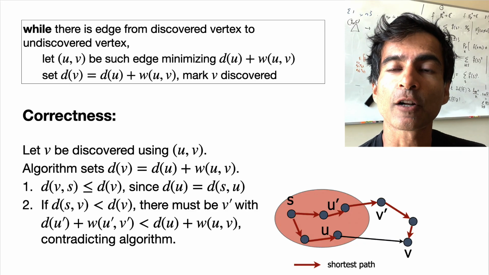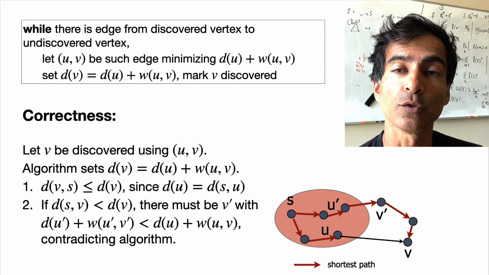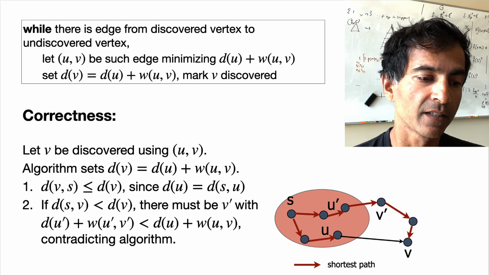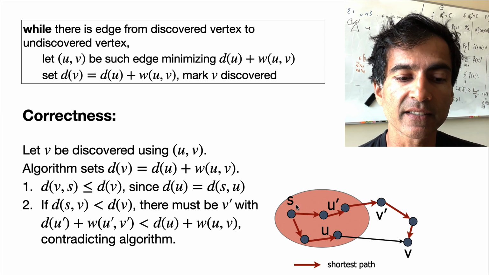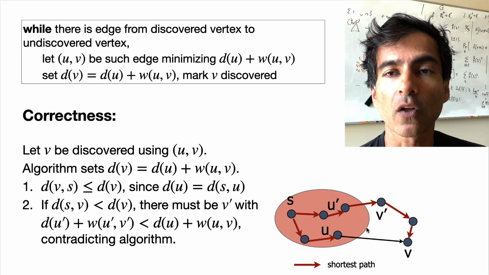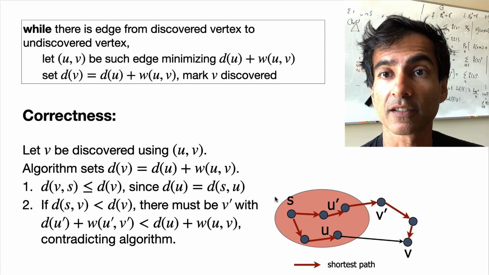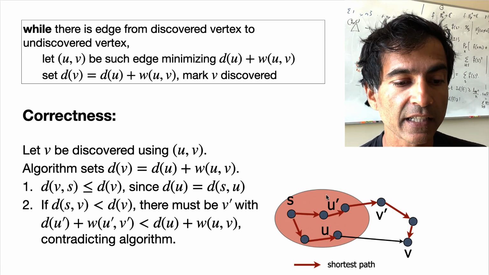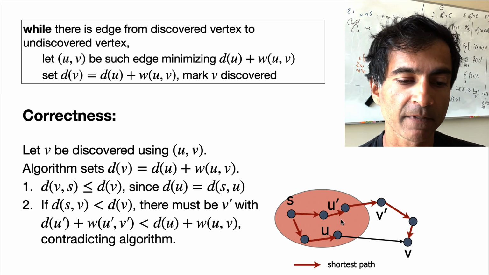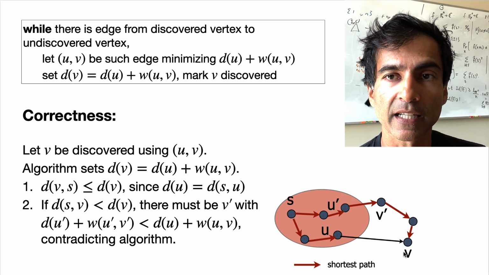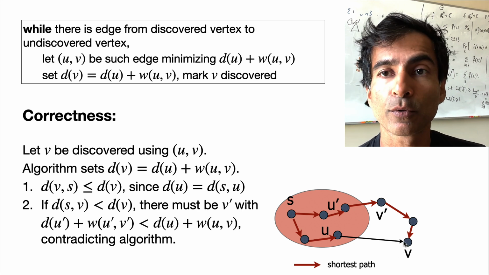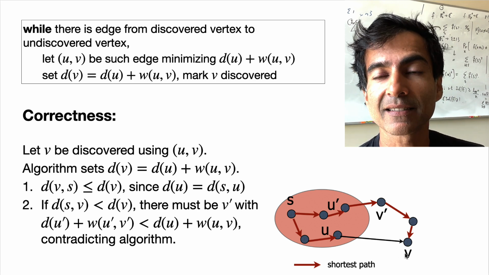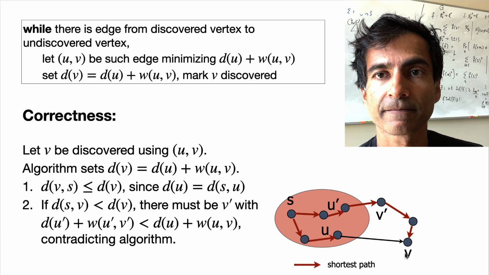Now, to argue that the algorithm is correct, you prove it by induction. The point is that you claim by induction that the d values of all of the discovered vertices are correct. And that's true initially. If you've at any point discovered some new vertex v and are about to mark it as discovered, we need to prove that the value it's being given is in fact the shortest path distance.